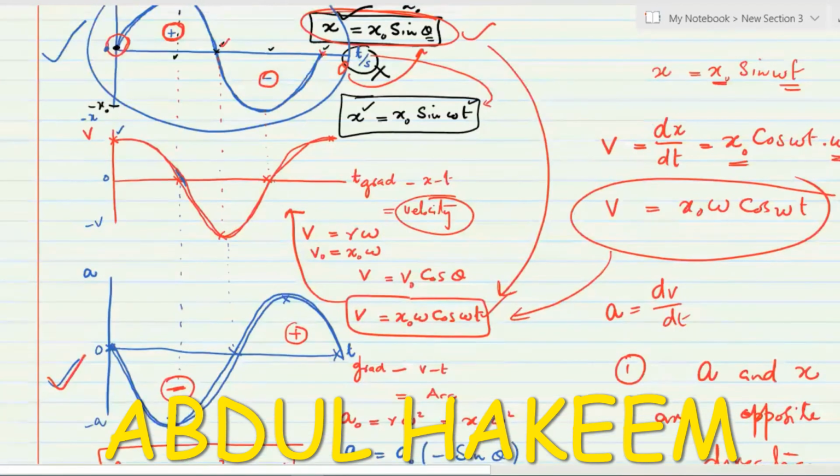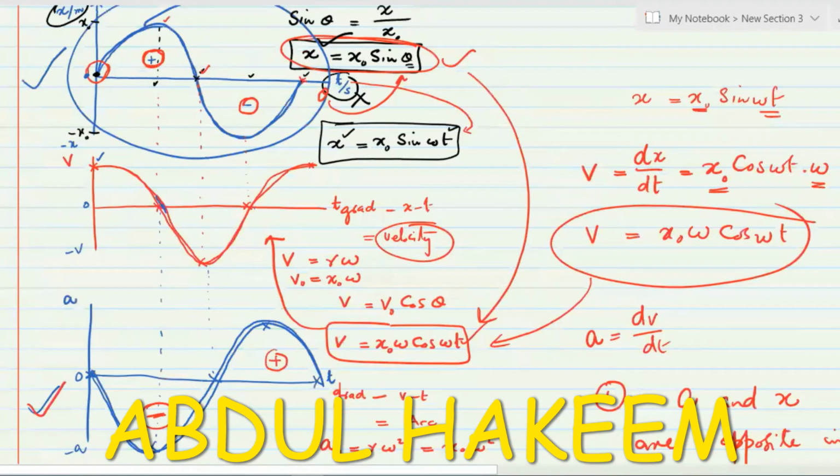Number 2, when displacement is 0, acceleration is 0. When displacement is maximum, acceleration is also maximum but in the opposite direction. We have already discussed direction. When again displacement is 0, acceleration is 0; displacement maximum, acceleration maximum; displacement 0, acceleration 0.